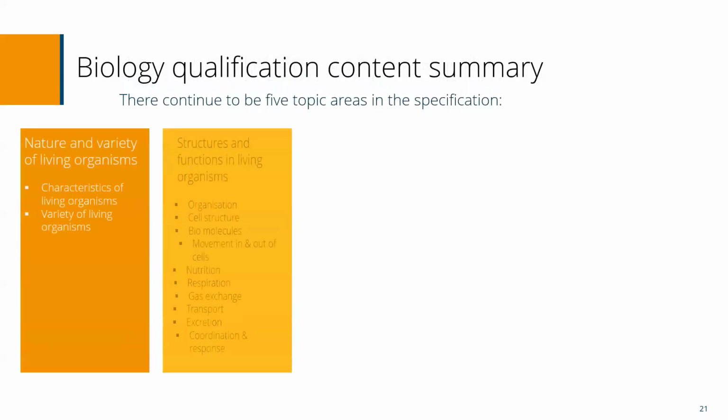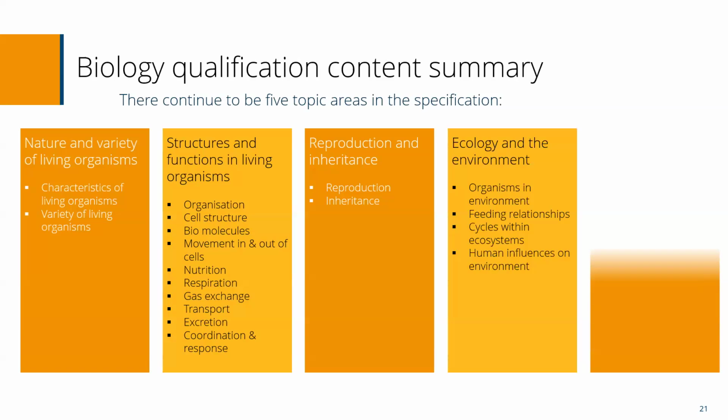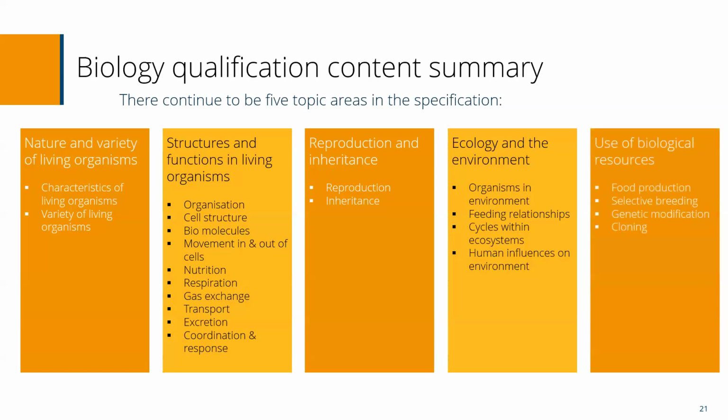Okay, so looking at the topics that are in the specification, what you'd reasonably expect. The first topic in the specification we'll look at in a little bit more detail, but they summarize them there.